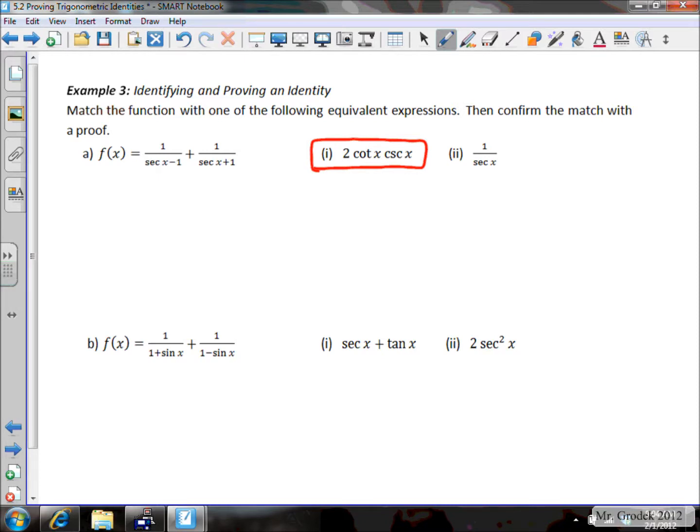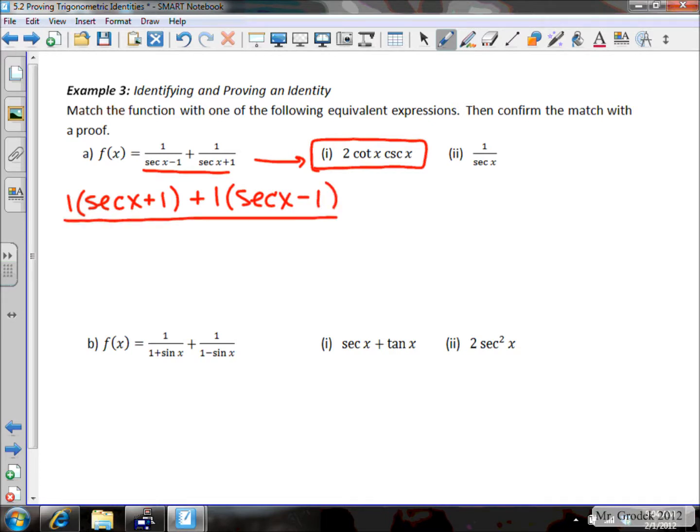Well, so we're going to try and get this side equal to this. To do that, we're going to add the fractions. So we'll have 1 times secant x plus 1 plus 1 times secant x minus 1, all of that over secant x minus 1 times secant x plus 1.